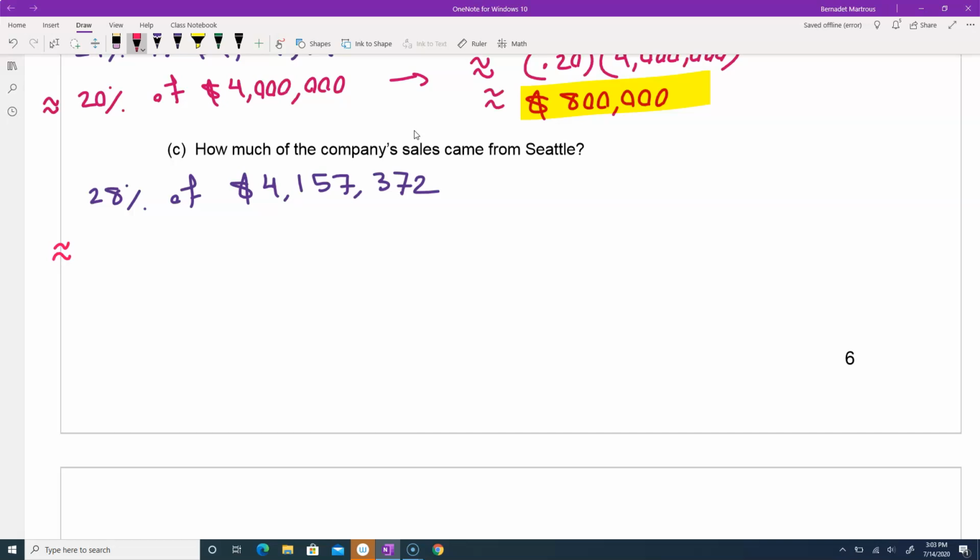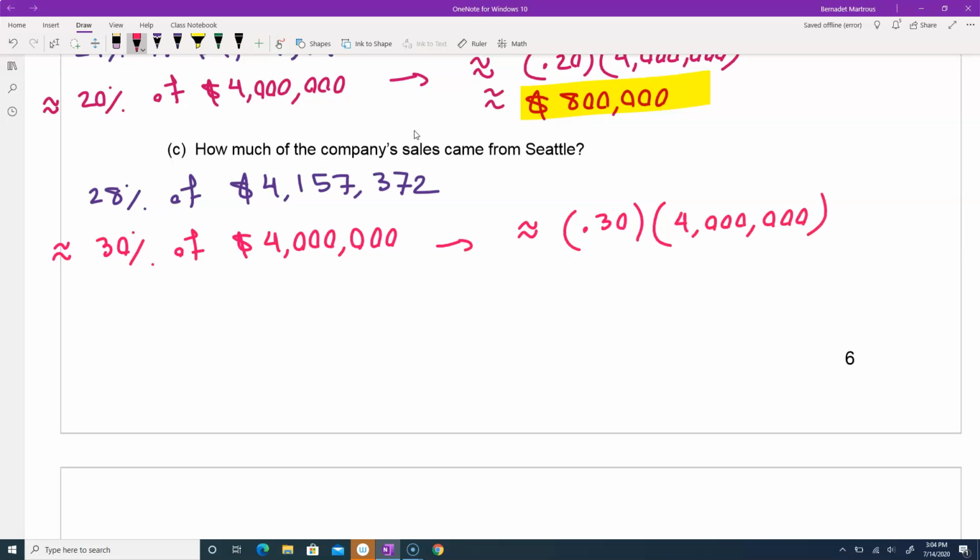I'm rounding that one to your cents, and this is 30% of... For this one, again, front-end rounding, we have $4 million. So we rounded, and instead of that, I'm converting to this one number, 30% multiplied by 4 million. And the answer is $1,200,000.